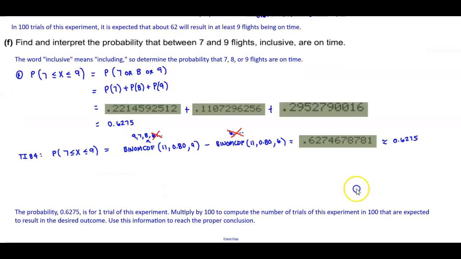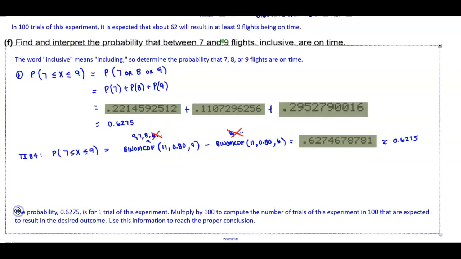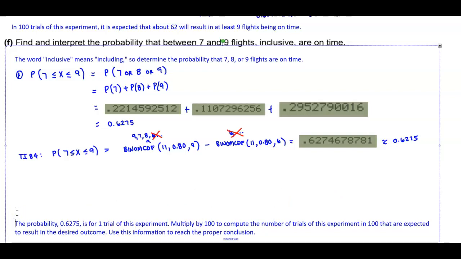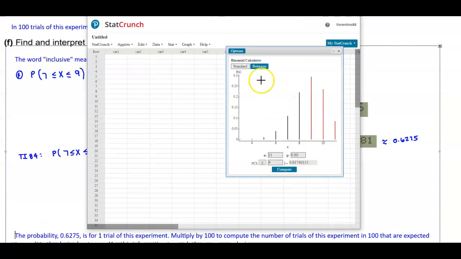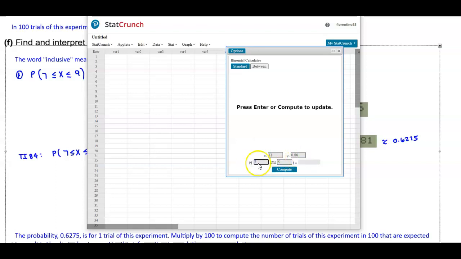Now, if we wanted to use StatCrunch, let's go ahead and do that. With StatCrunch, here we're looking for between, not the standard. So we're going to select between. We know that n is equal to 11. We know that the probability is 80%, and we know it's going to be in between 7 and 9.